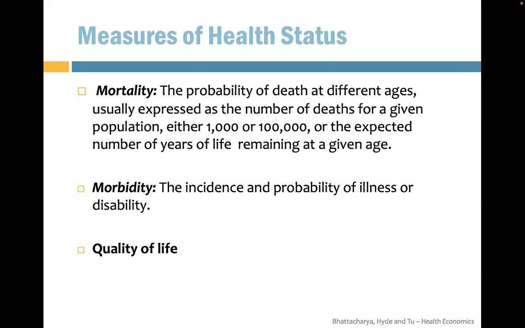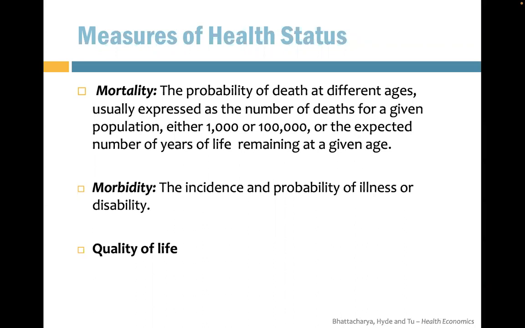Usually mortality has to be specified at a certain age because the average age, or the demographic, kind of like the age distribution of the population, is changing all the time. So we want to have an age-adjusted mortality rate to be able to explain or compare better.